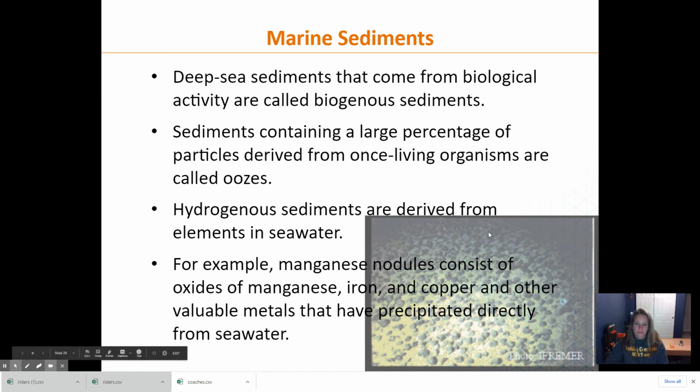And so that's what these things are. And so those can also be part of deep sea sediments. And then if they were part of something that was living, they're called biogenous sediment. So biogenous sediment is things that used to be living, and maybe there's sea worms and cucumbers and all kinds of things that are living within it. So that's the biogenous sediment.